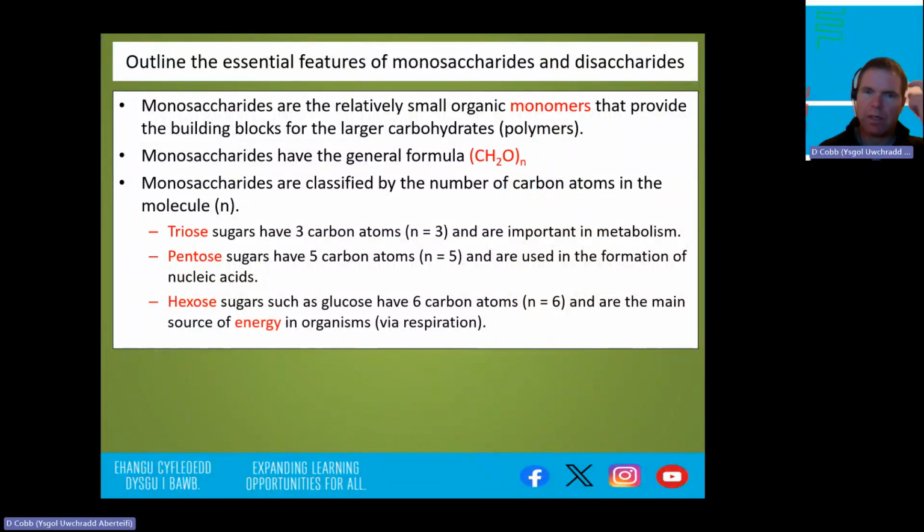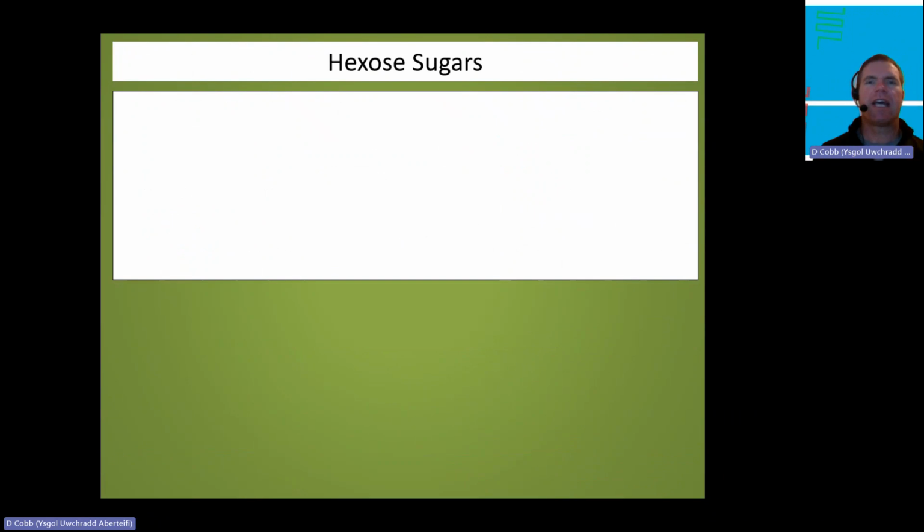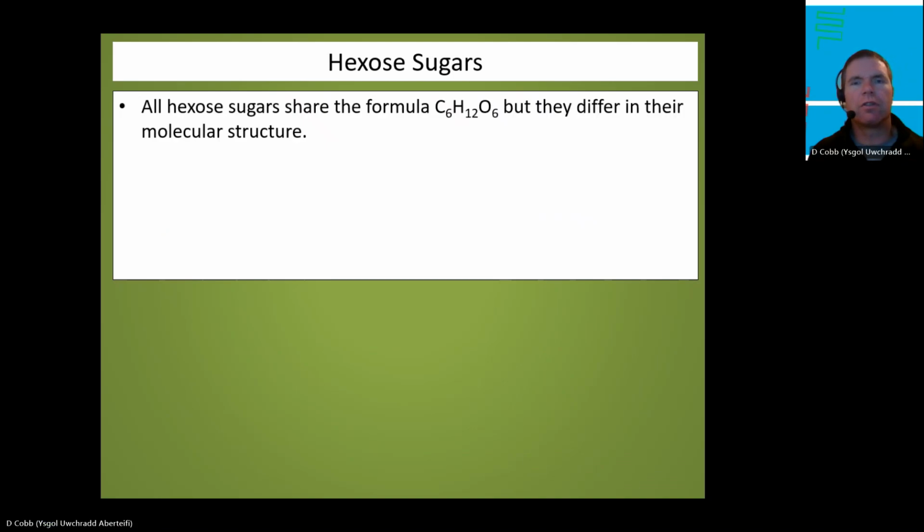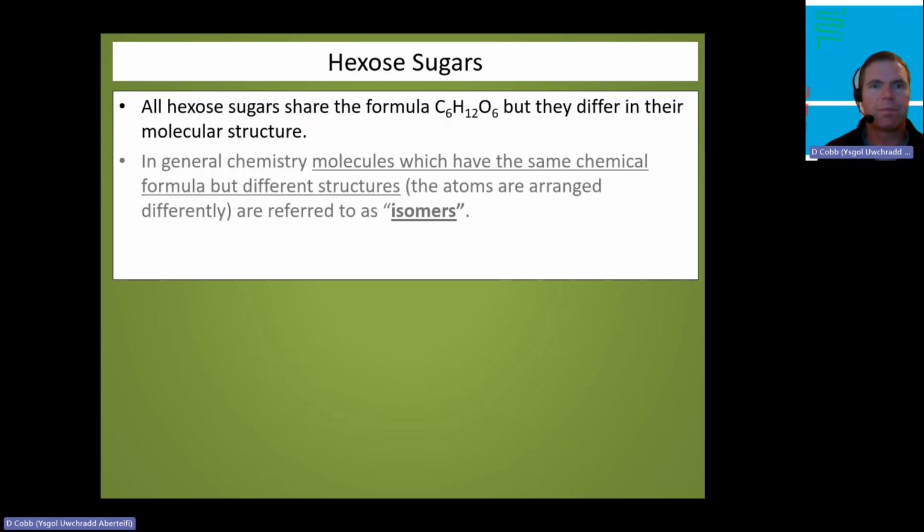Okay, right, so let's look then at hexose sugars a little bit more. We know already that all hexose sugars share the same formula, C6H12O6, because by definition we're applying the (CH2O)n formula. So they all have the same molecular formula, but they differ in their structure.